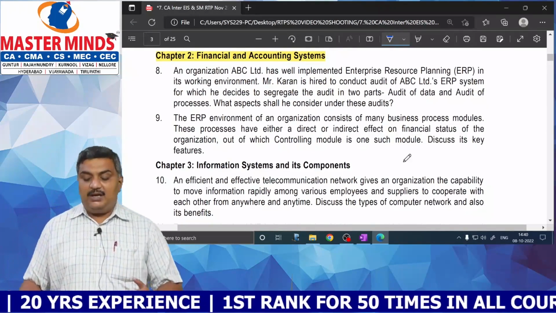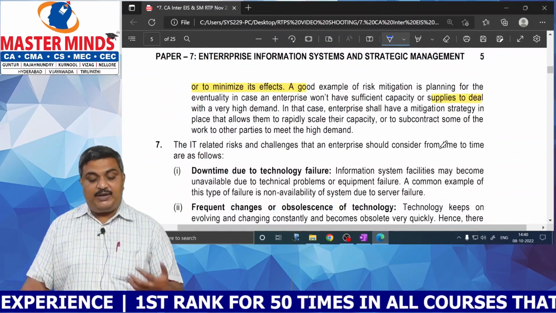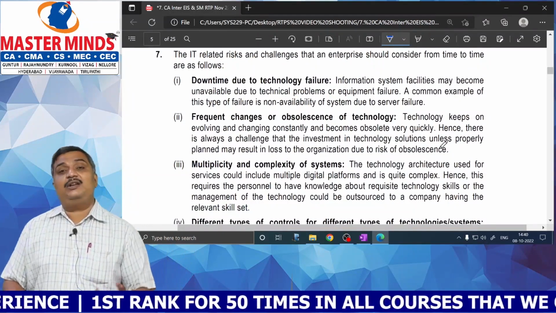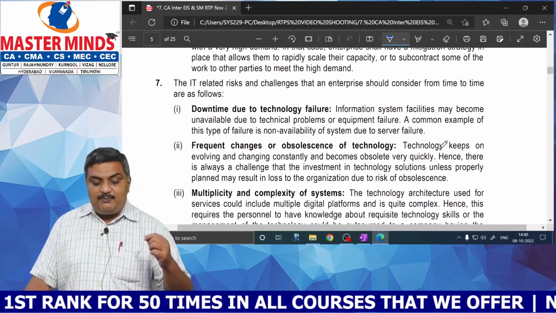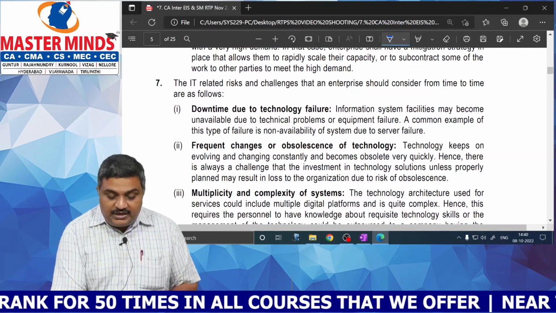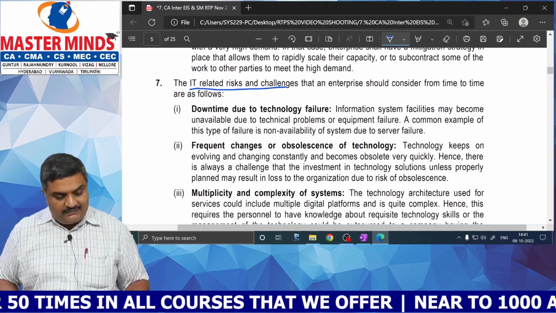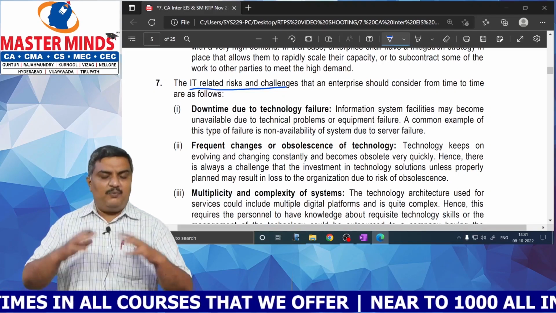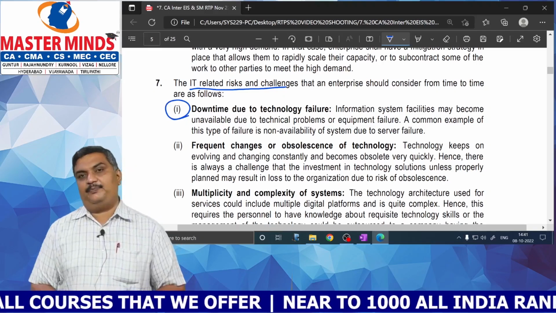So we have business related risks, we have technology related risks, we have strategy related risks, a lot of risks to the business. And now the question that is being asked is IT related risks and challenges that an enterprise can have. And now the first one is a very easy one to understand: the downtime due to technology failure.